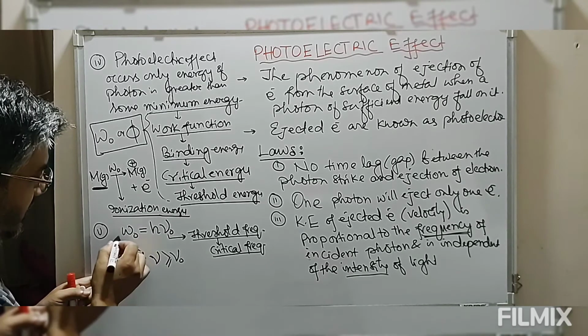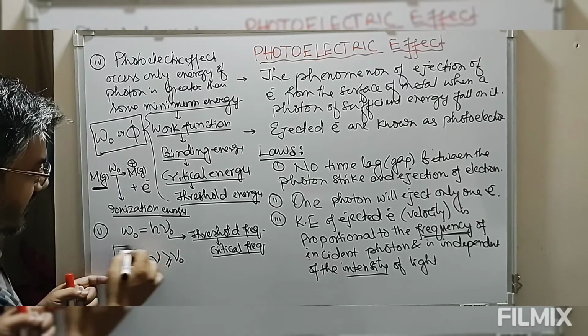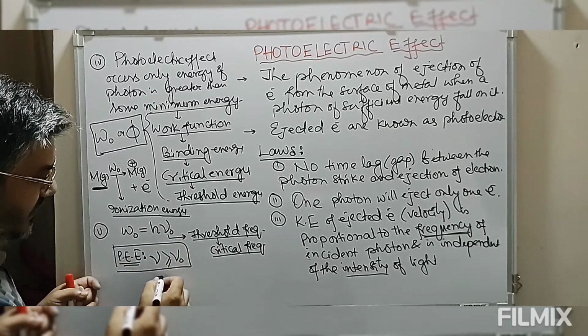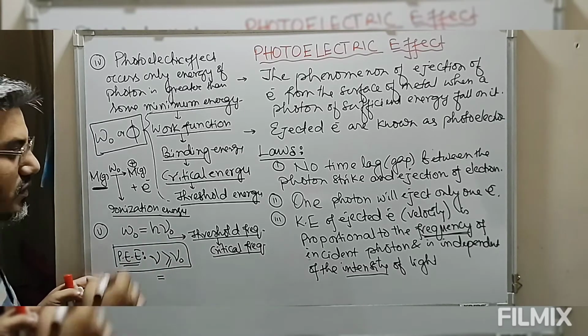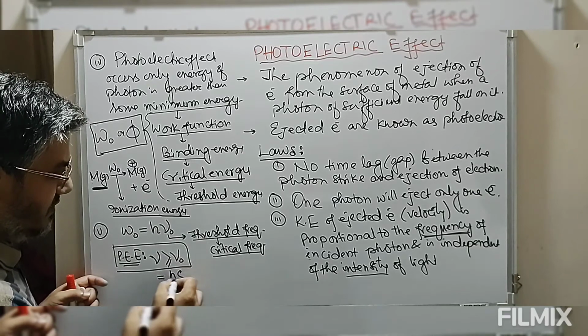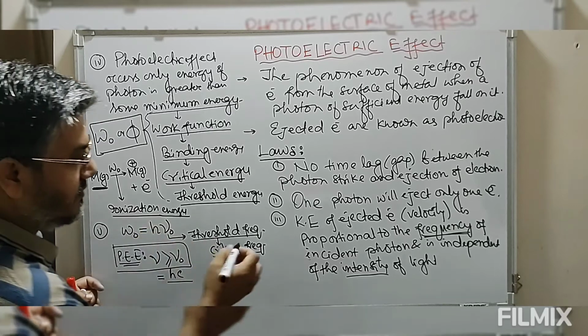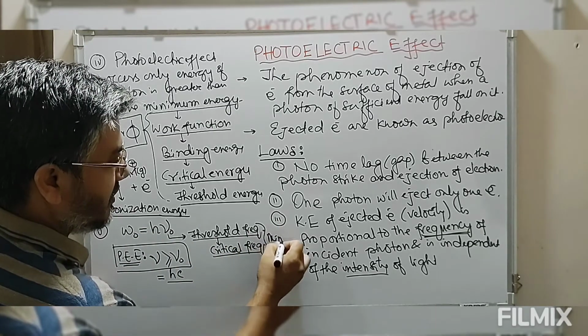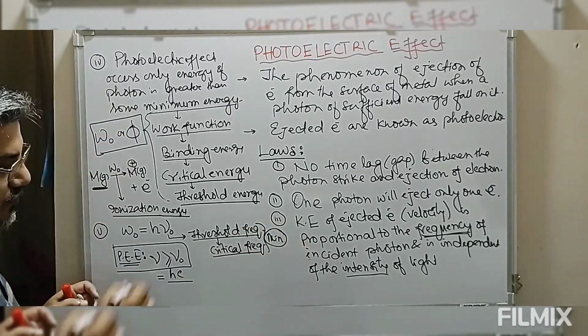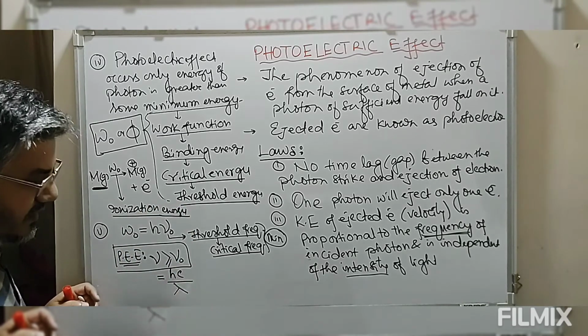Now frequency is related to wavelength, so we say h c by lambda. This is the minimum frequency required, and frequency and wavelength are related.